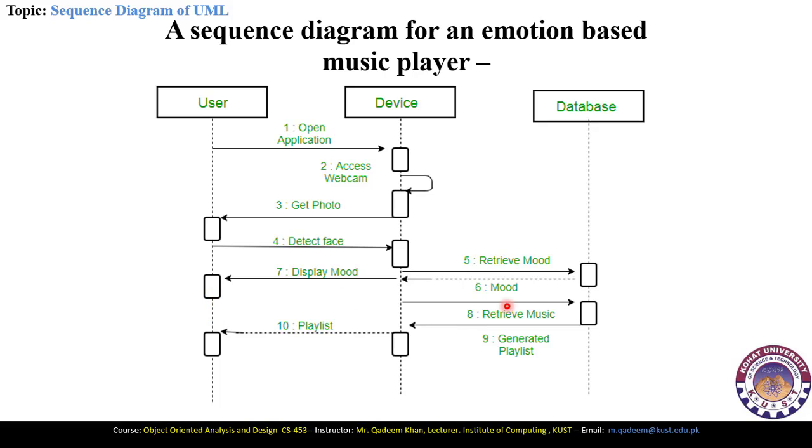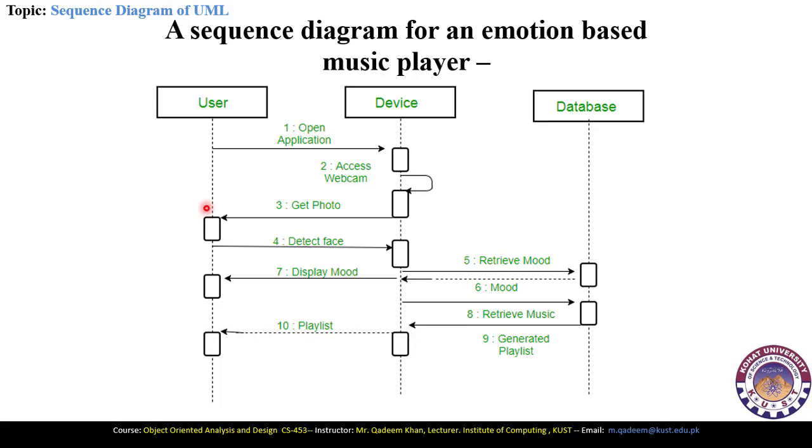And also the mode will be provided again to the database, and the database will retrieve music again according to the mode of the user. So the retrieved music will be provided to the device module here, and also the generated playlist will be provided here. If there are multiple playlists of the music modules, then all these playlists will be provided to the device module, and the device module will send the playlist to the user.